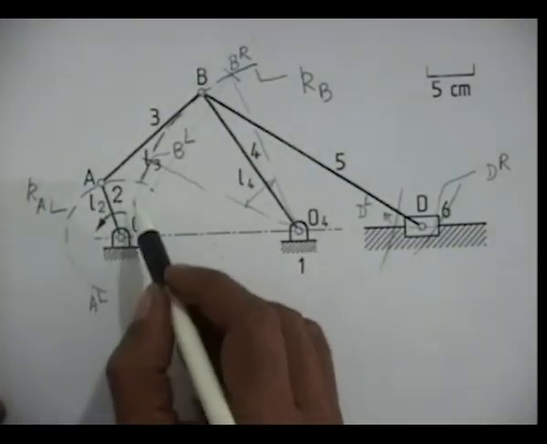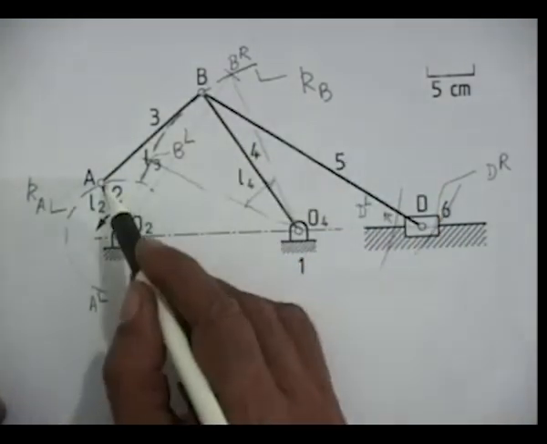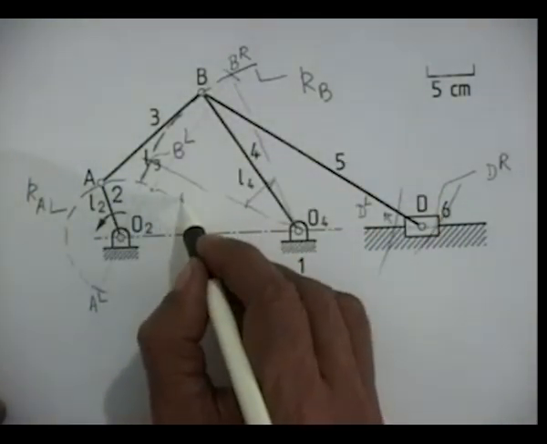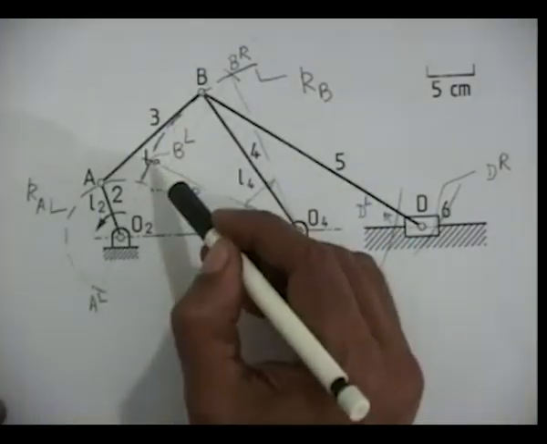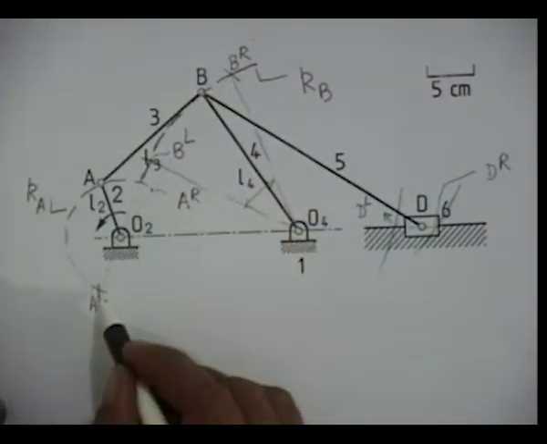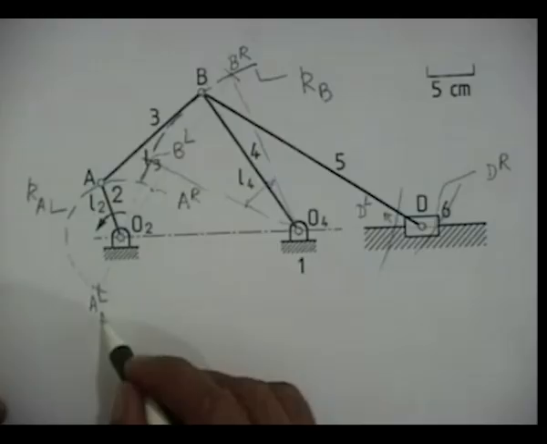So for the extreme right position, A comes here, let me call it AR, and for the extreme left position, that is BL, this point is which we have already marked as AL.